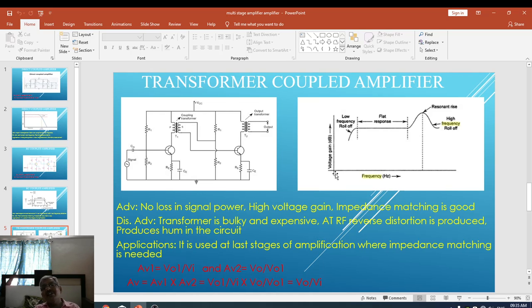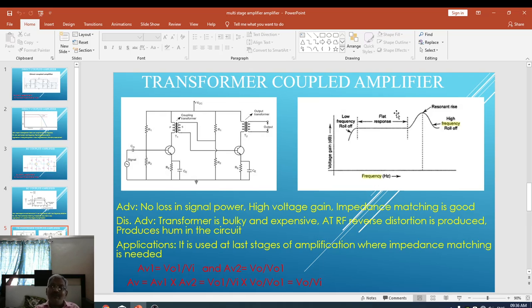As we have studied in the RC coupled amplifier, the frequency region where an increase in frequency increases the voltage gain is known as the low frequency region of the amplifier. After that, even though frequency is increased, gain remains constant. This region we can call the mid frequency region.